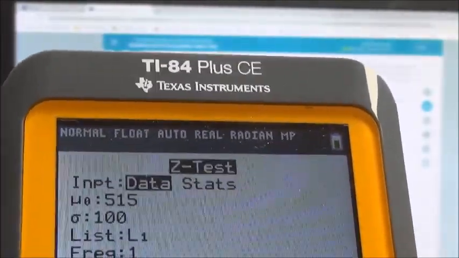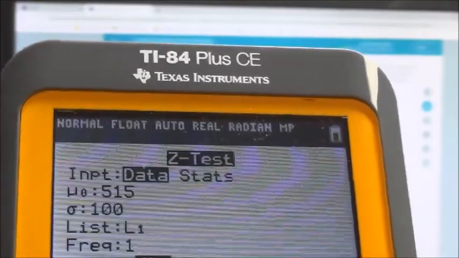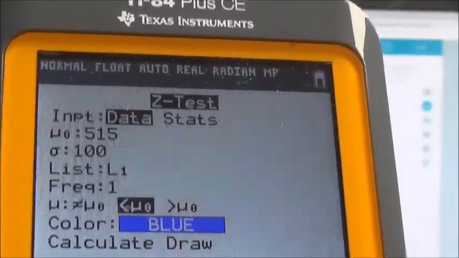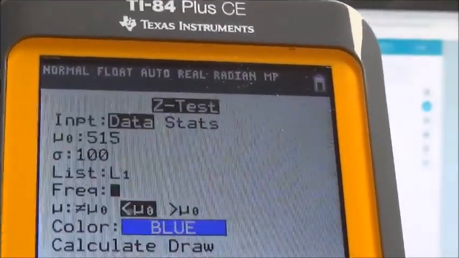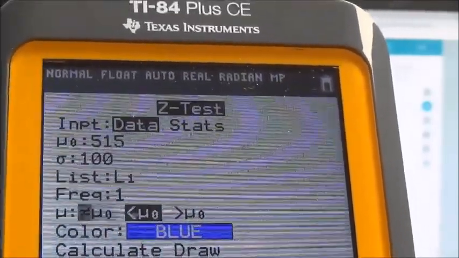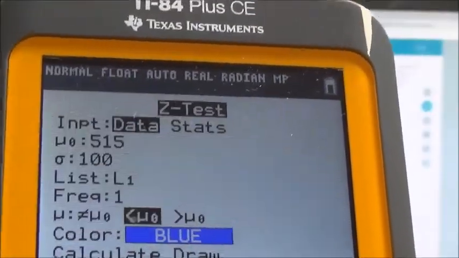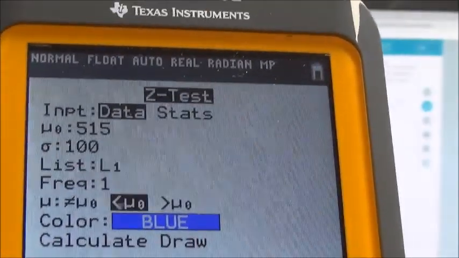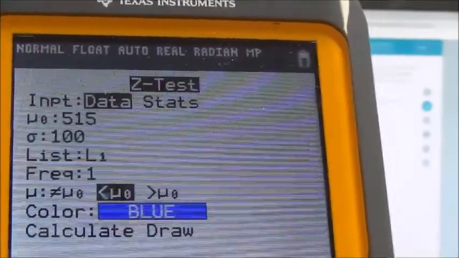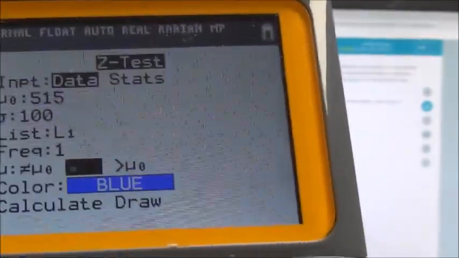The standard deviation, the population standard deviation, is 100. For the list, we put our data in list 1. The frequency, you're just always going to leave at 1, and then you want to highlight what your alternative hypothesis is. In this case, we were testing that the mean is less than, and so we're going to pick the middle one and enter on that one.